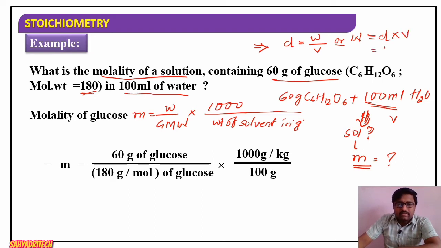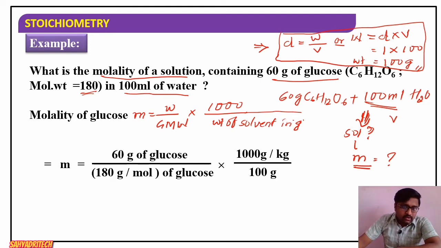The density of water is 1, into the volume 100 ml, which means weight is 100 gram itself. Since density of water is 1, its volume and weight are both equal. 10 ml means 10 gram, both are equal. So directly we have taken 100 gram here. But this conversion must be remembered. To convert any weight into volume or vice versa, density of the solution must be known.